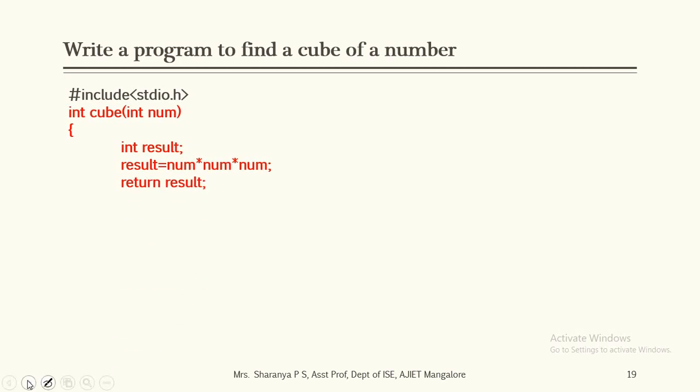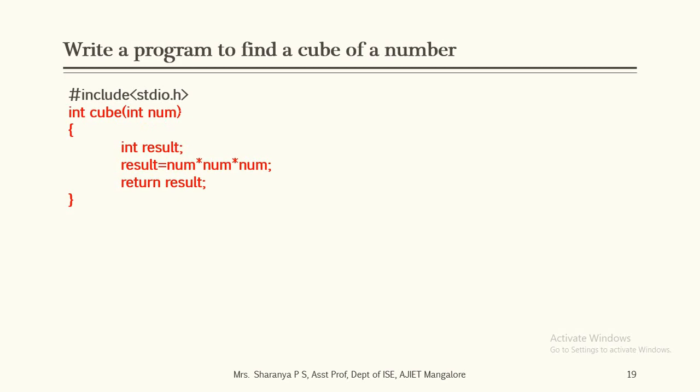Here, before writing the main function, we have defined the entire function itself. Because of that, we have not declared the function in the very beginning. The function declaration is omitted since we are using the function definition before the main function. Here is the function we have written: int cube(int num).